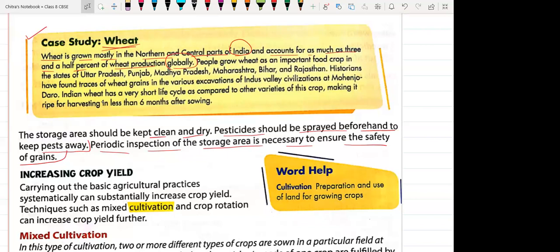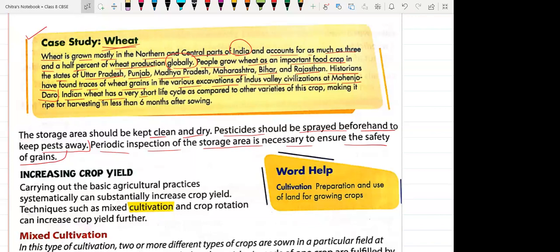People grow wheat as an important food crop in the states of Uttar Pradesh, Punjab, Madhya Pradesh, Maharashtra, Bihar, Rajasthan, etc. Historians have found traces of wheat grain in excavations of the Indus Valley civilization at Mohenjo-daro, where they found seed grain remnants.